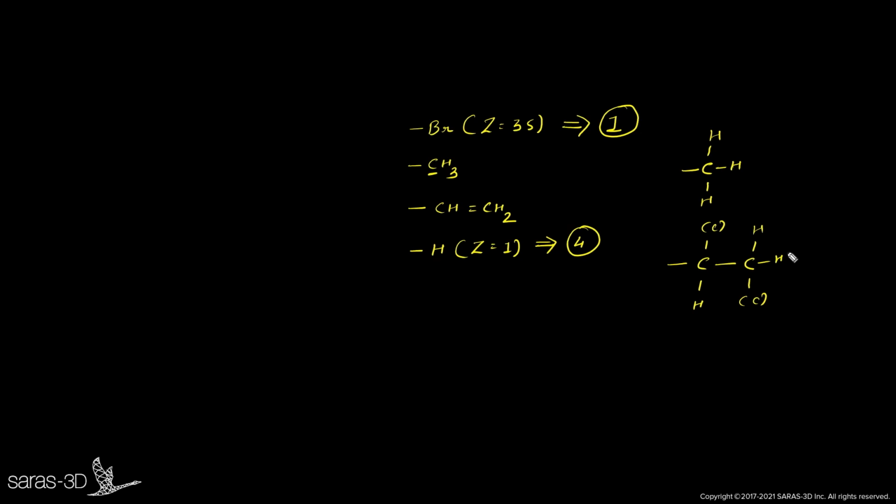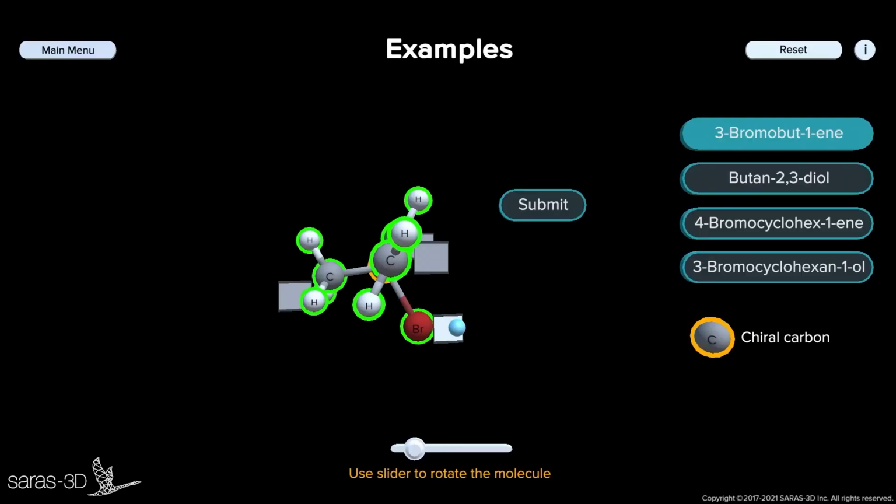Now if we check this, this is the carbon which is bonded to the chiral center. It is further bonded to the carbon, hydrogen and carbon. So this will be assigned the second priority and the methyl group will have the third priority. Bromine will have the first priority.